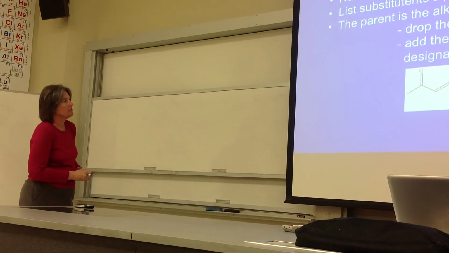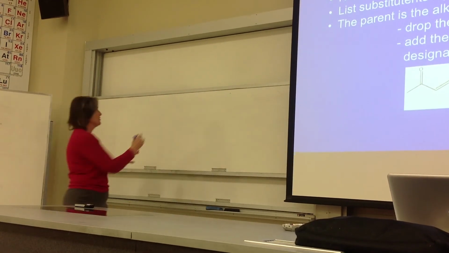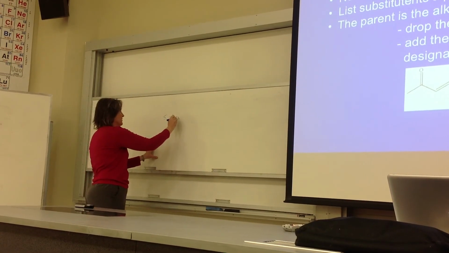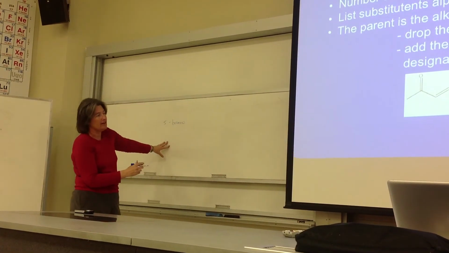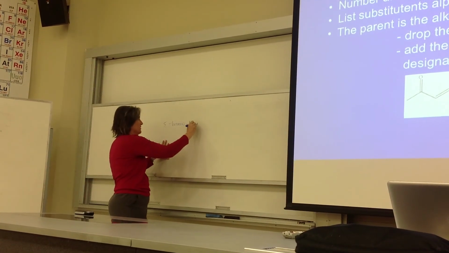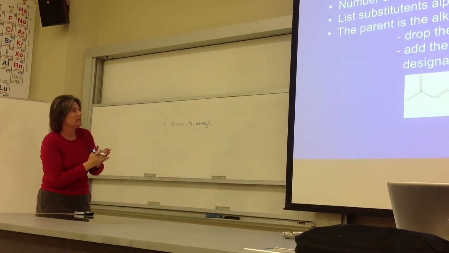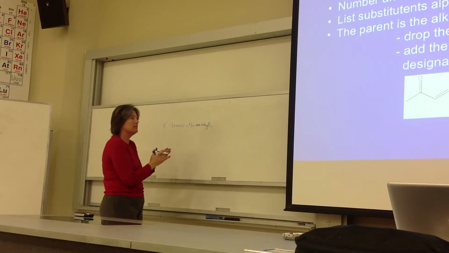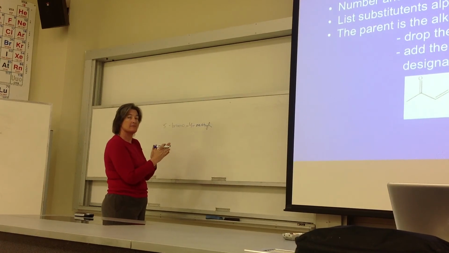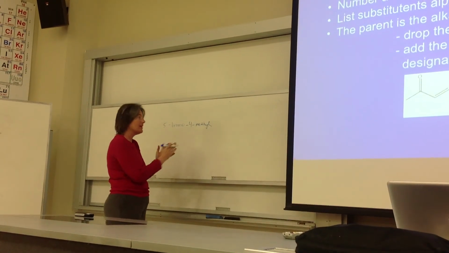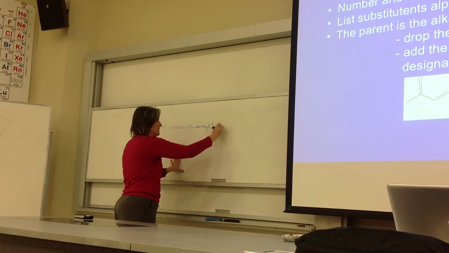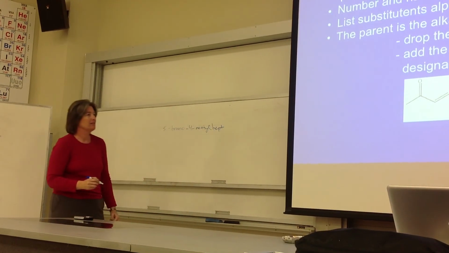What's the Br at? 1, 2, 3, 4, 5 bromo. There's methyl at 4. Okay, what do we do now? How am I going to deal with that alkene?